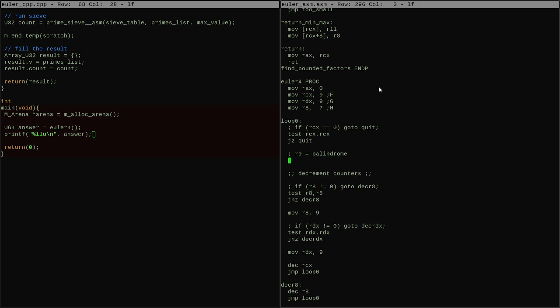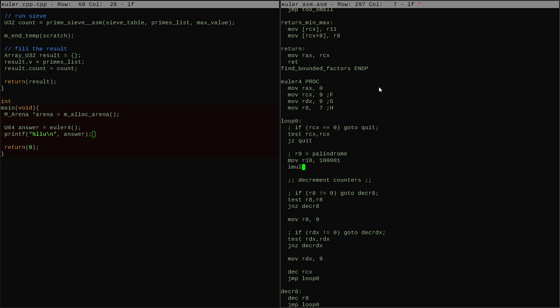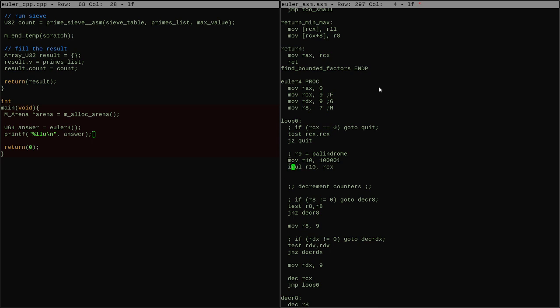So R9. First, we're going to move into R10 the integer 100001, and then we're going to multiply that by F, RCX. Wait, I guess I'll do that on R9.